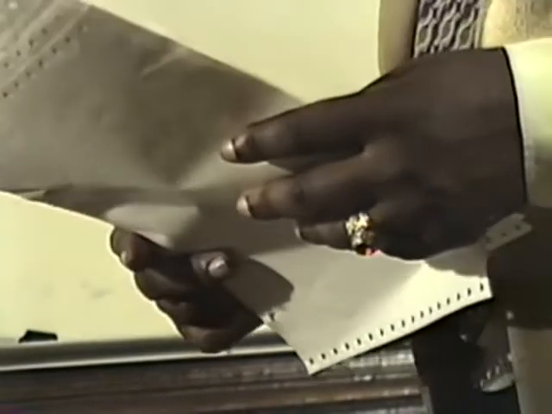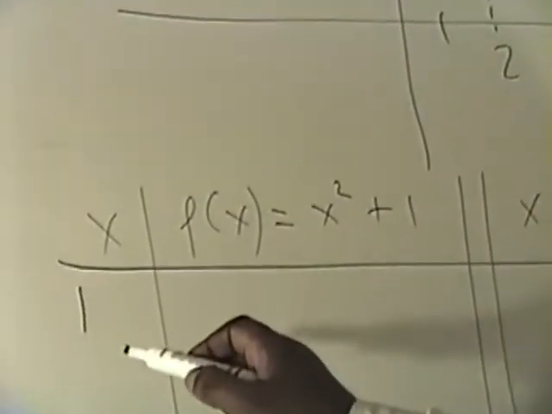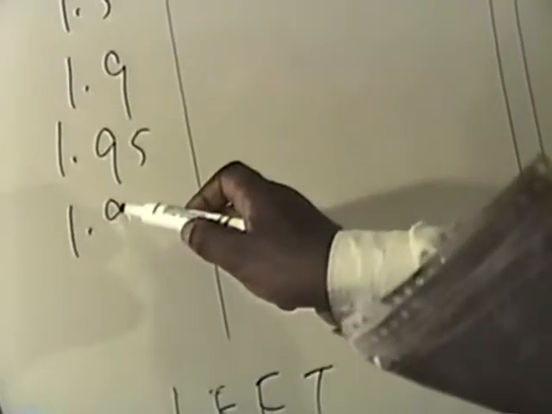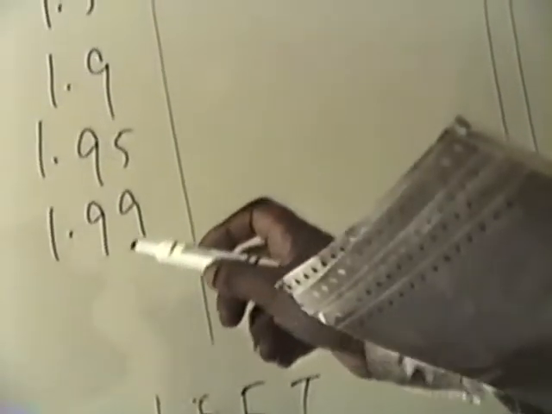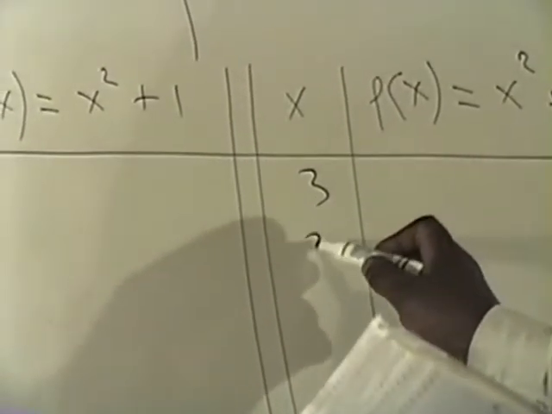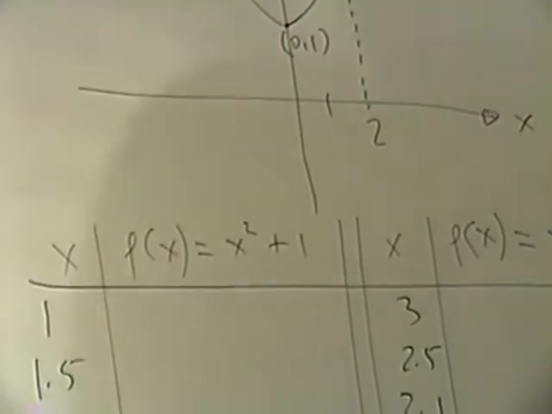So let's say that this is 1, 1.5, 1.9, 1.95, and 1.99, and here we have 3, 2.5, 2.1, 2.05, 2.01, and 2.0001.